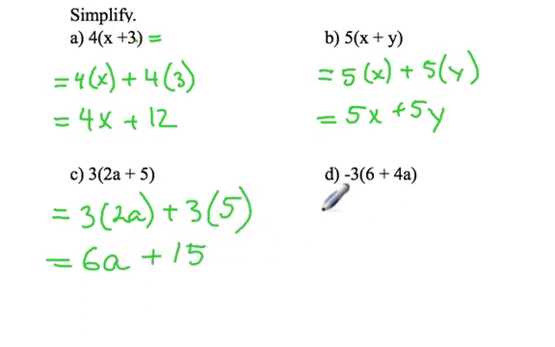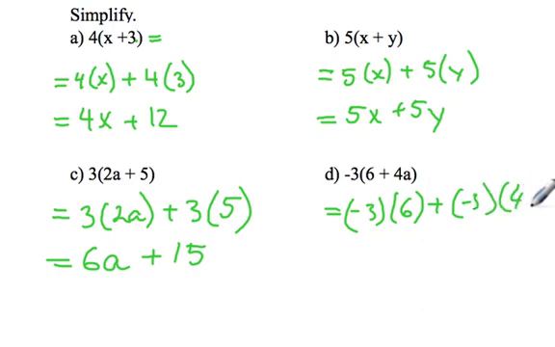Question D, we have negative 3 times 6 plus negative 3 times 4a. And that equals negative 3 times 6 is negative 18 plus negative 3 times 4a is negative 12a.